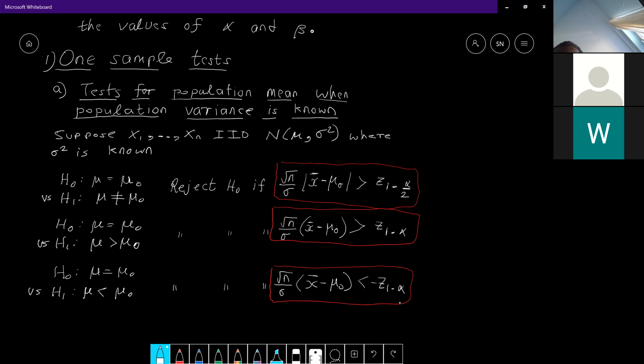This is the absolute value, guys, not the integer part. For the rejection rule for the first set of hypotheses, it is root n divided by sigma times the absolute value of x bar minus mu zero, where the absolute value is denoted by vertical bars.